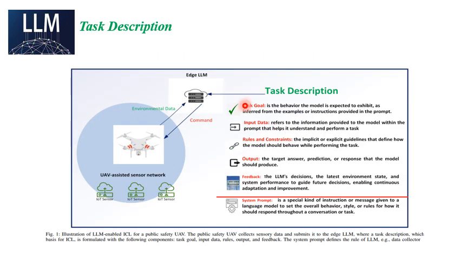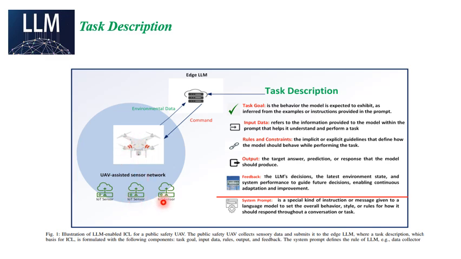Okay, in this slide, you see an example that provides an overview of the whole process. We have a task description that is fed to the LLM to generate the response. On the left side, we have a UAV and some sensors on the ground.